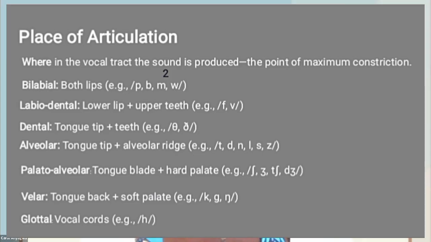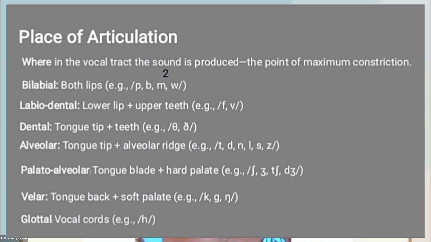First, we look at the place of articulation. The place of articulation refers to that place, that part in the vocal tract where the sound is produced, that point of maximum constriction, because each sound is produced at a point where the articulators meet.